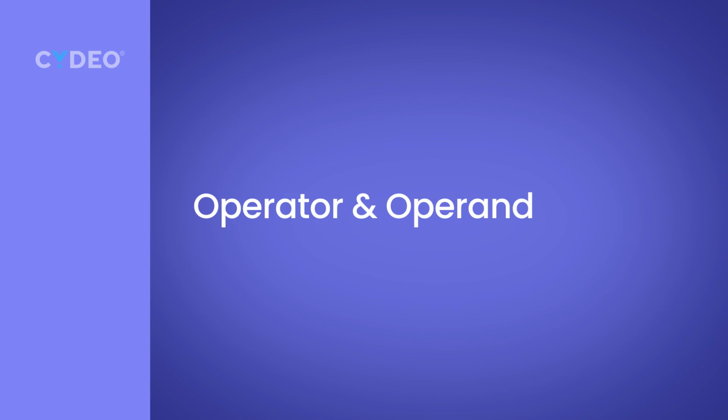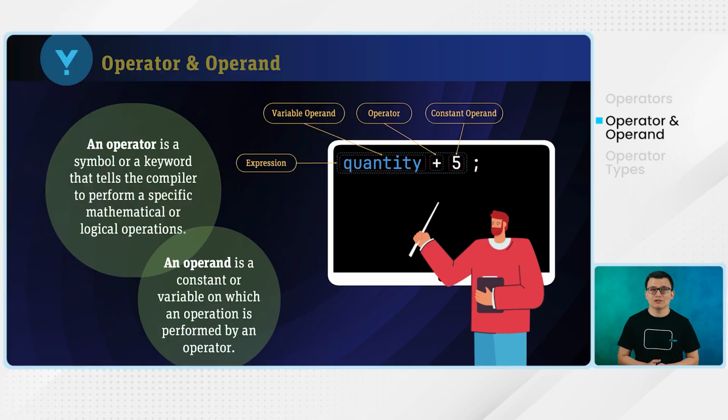Before you use the operators, you should also know the definition of the operand. An operator allows you to perform computation in programming, right? Because an operator is a symbol or a keyword, and every time you use that symbol or keyword, it tells the compiler to perform a specific mathematical or logical operation. That's how we can use the operators to perform computations.